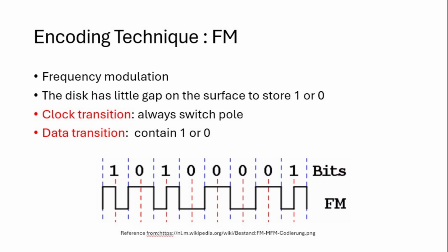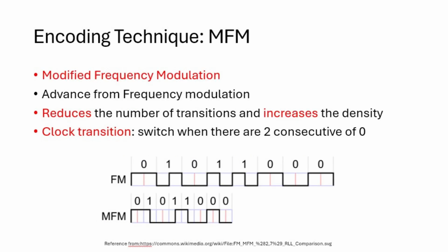The clock will switch all the time, as we can see, and if the data is 1, then the data transition will switch. If the data is 0, it will do nothing. So this is the first technique for the head to read the data. The second technique is called modified frequency modulation, which is advanced from frequency modulation.